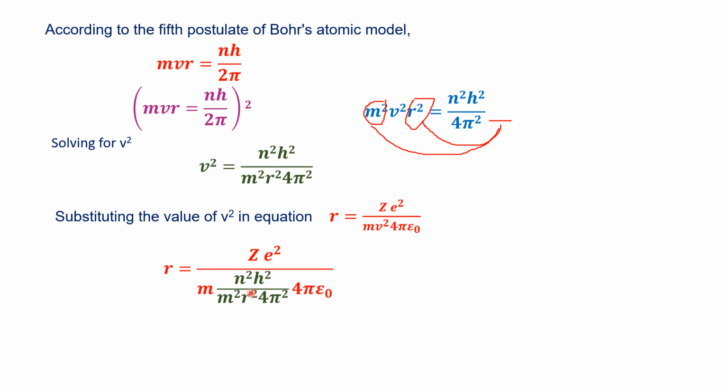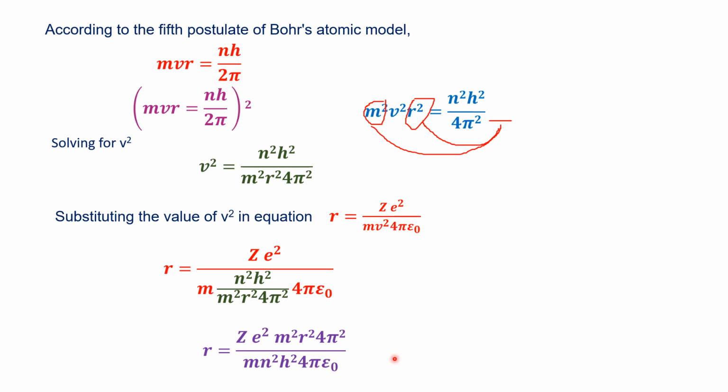Now the denominator of the denominator will come to the numerator side. Now m square r square 4 pi square will come to the ze square side, so the equation becomes ze square m square r square 4 pi square divided by n square m square h square 4 pi epsilon naught.